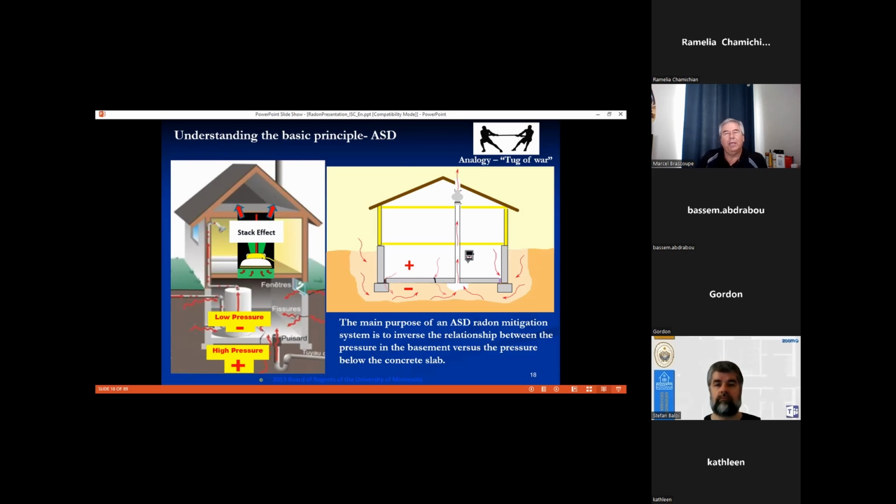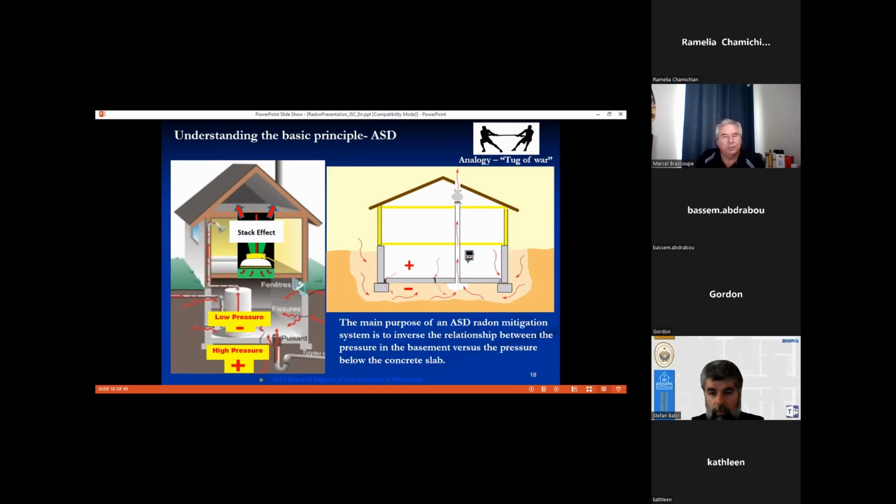So on the right-hand side, we see an active soil depressurization system where we're actually creating a suction underneath the concrete floor of the house. And we say suction, but what we're really referring to here is that we're going to lower the pressure underneath the concrete floor slab. So the pressure in the basement is actually going to become higher, and it's going to prevent the radon from getting in. That's what we're trying to accomplish here.